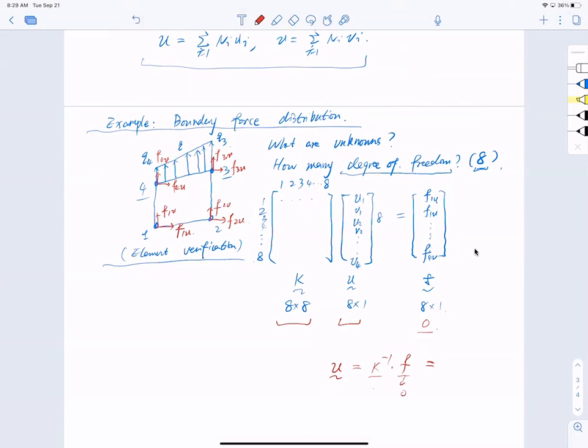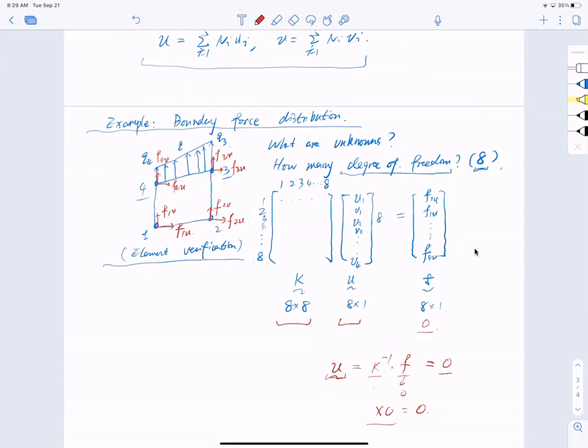Anything multiplied by 0 equals 0. So if this is 0, I get displacement equal to 0. That means I don't have any displacement on these elements.